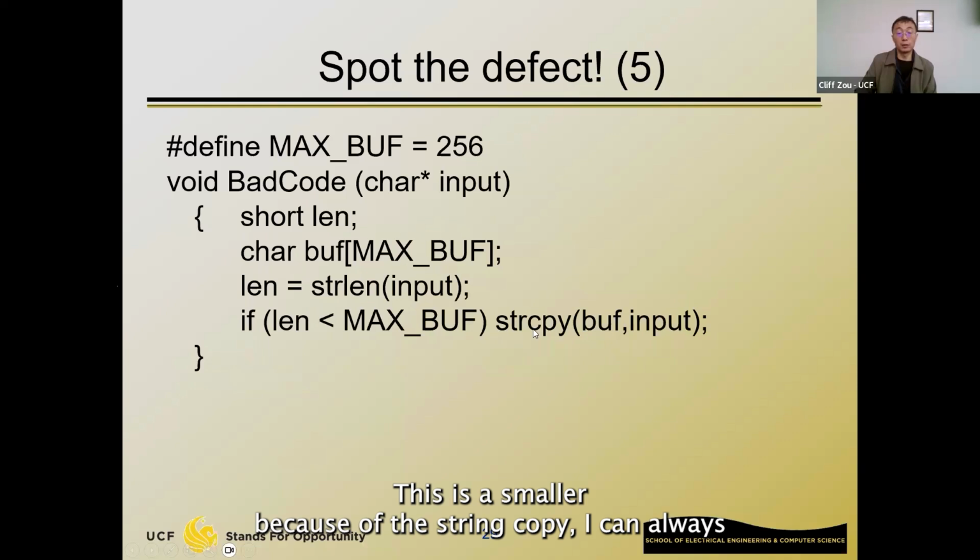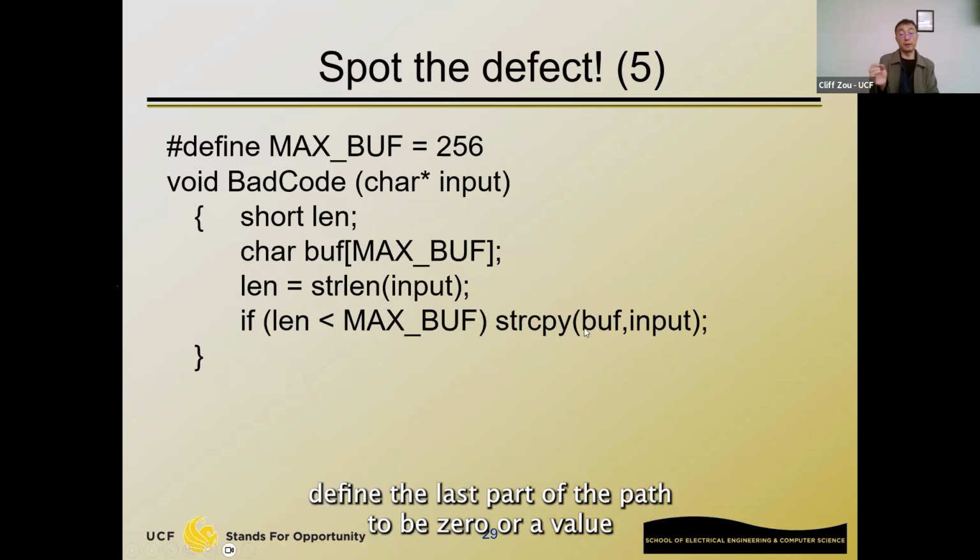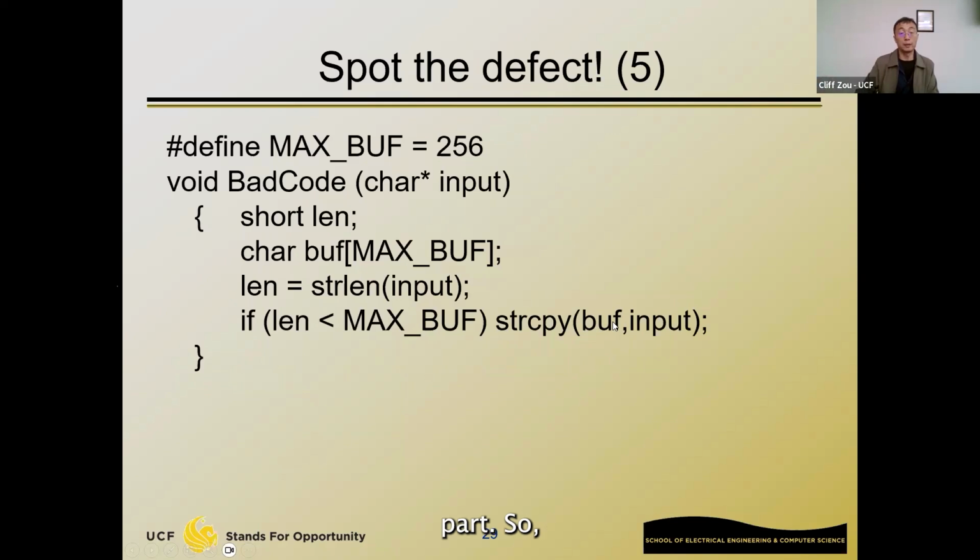It is smaller because after the string copy, I can always define the last byte of the buff to be a 0 byte. So because this user input string is less than the maximum buff, this string copy will not overflow this buff variable. So that's the logic of this code.